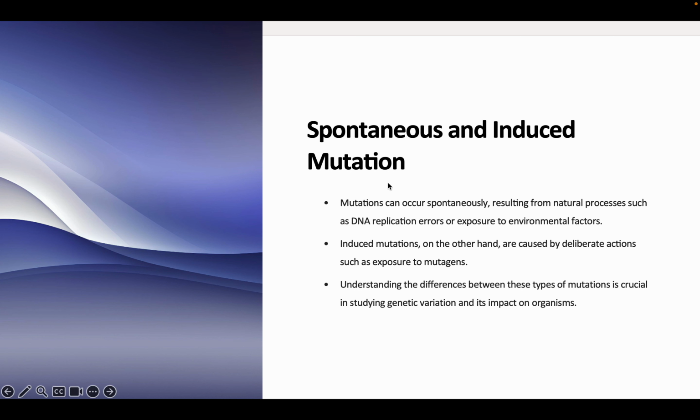And if it is an induced mutation, it helps us understand specific chemical behavior, like how they react and how they affect the human organism, in terms of diseases. So it's very important to understand whether it's a spontaneous or induced mutation. This is what we are going to understand in this video.